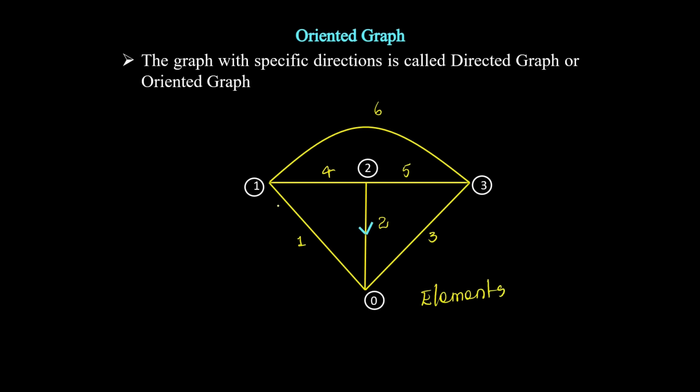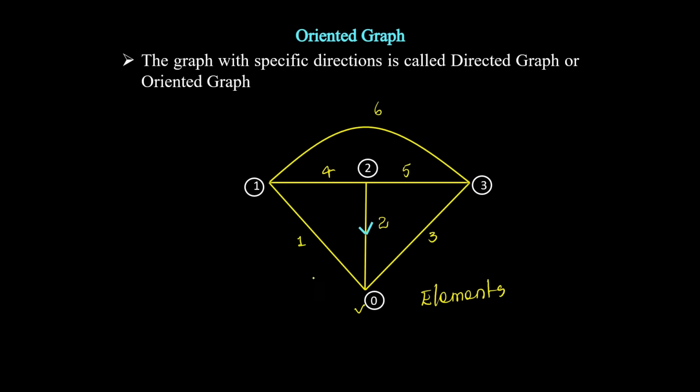So that means each and every element will have a specific direction. You can see here, the second transmission line I have given the orientation or the direction which is away from the second node and towards the reference node. Like that, each transmission line will have a particular direction or orientation which tells how the power is flowing, from which side to which side the power or the current flow is there.